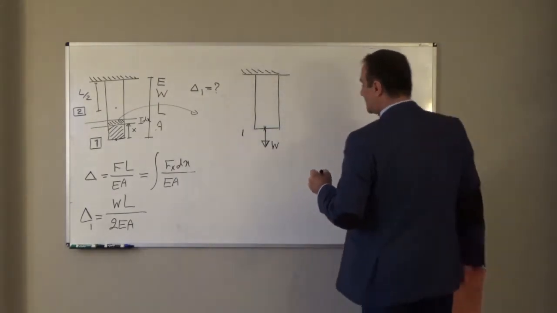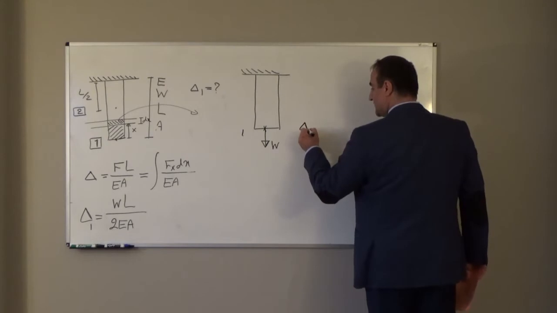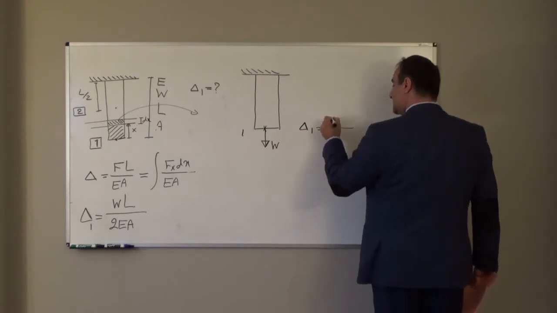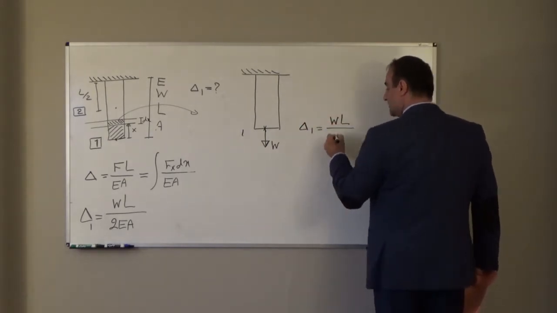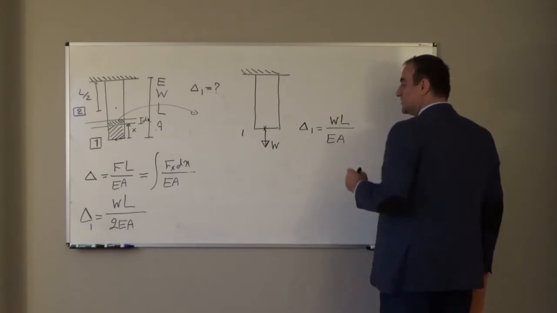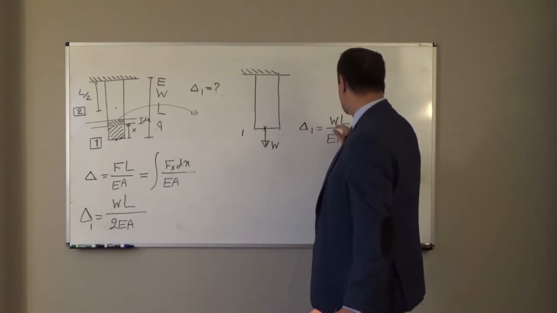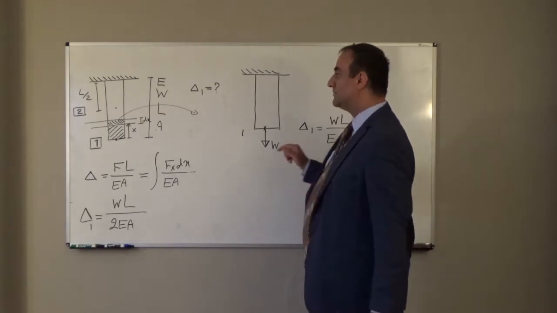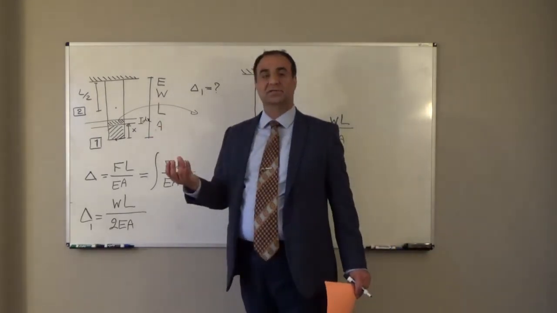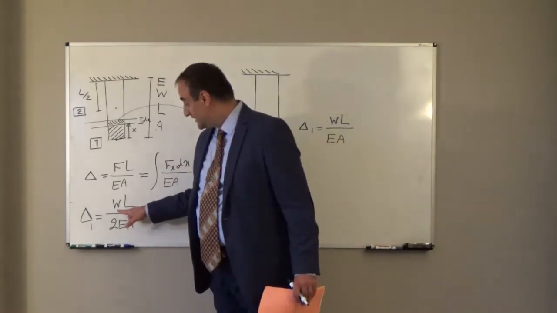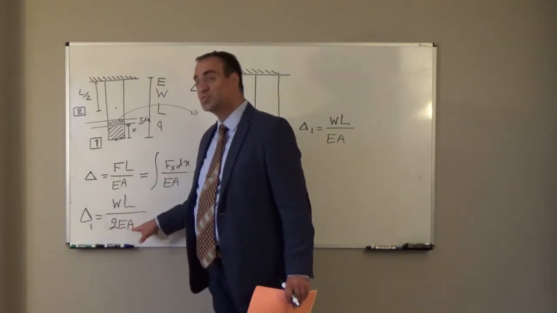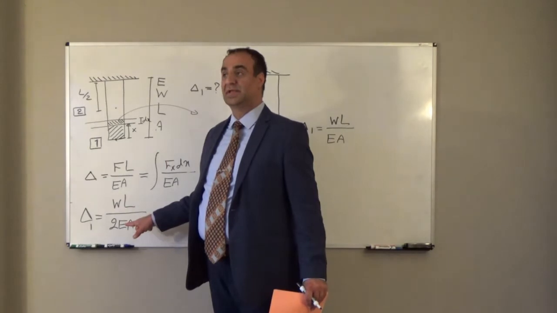What will be the deformation in that case? The deformation for point 1 will be WL over EA. So if I apply the entire weight at the end, it will be WL over EA. But if it is hanging under self weight, it will be WL over 2EA, half of that.